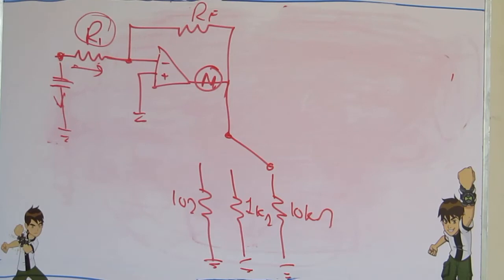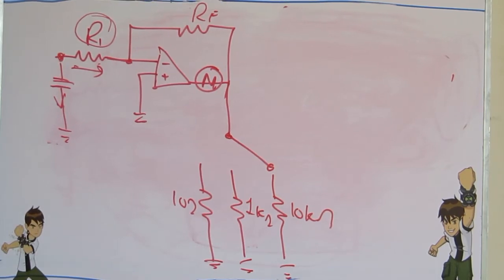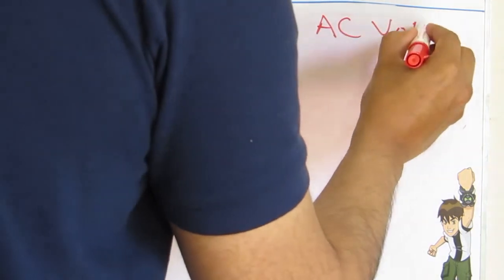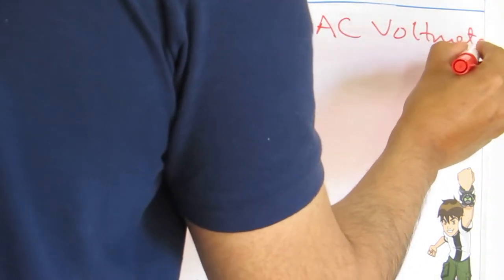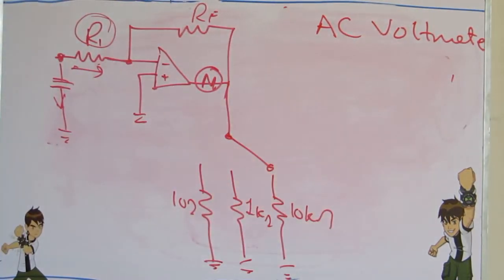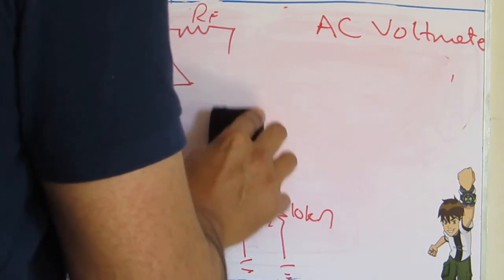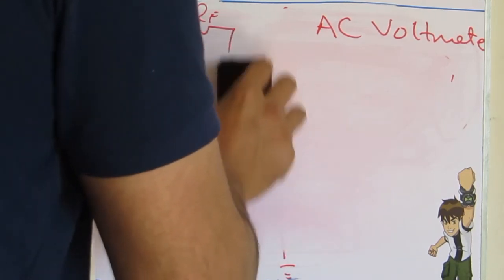And now the next thing is, how do we make an AC voltmeter? The AC voltmeter is basically the same circuit as this, except for this part over here.